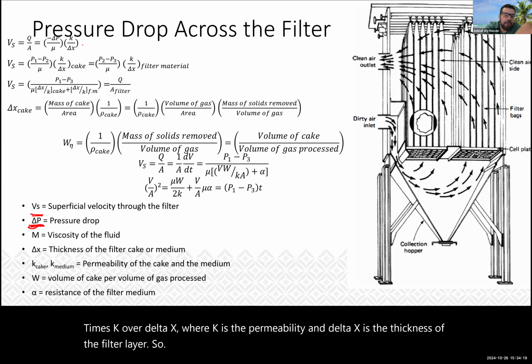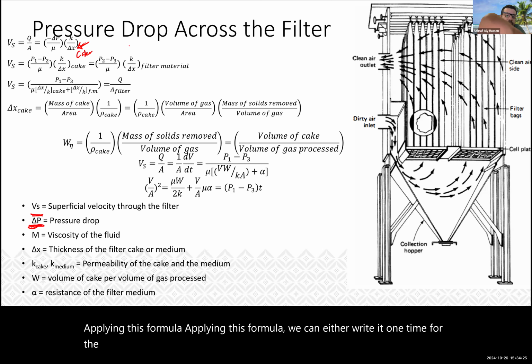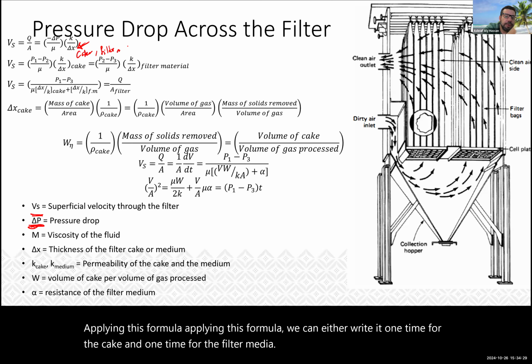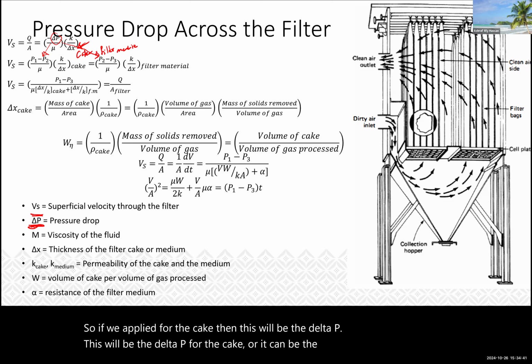Applying this formula, we can write it one time for the cake and one time for the filter medium. So if we apply it for the cake, then this will be the delta P for the cake, or it can be the delta P for the filter medium.